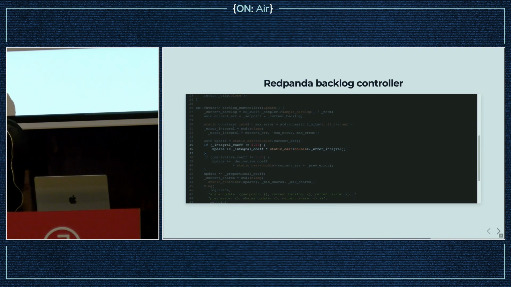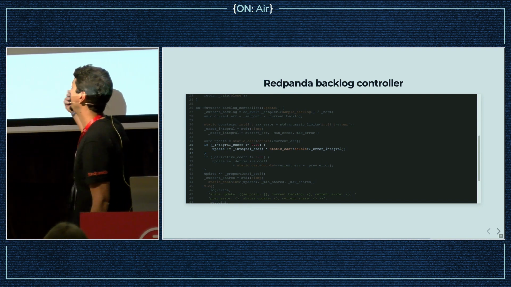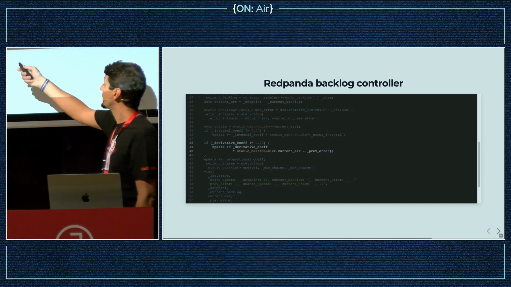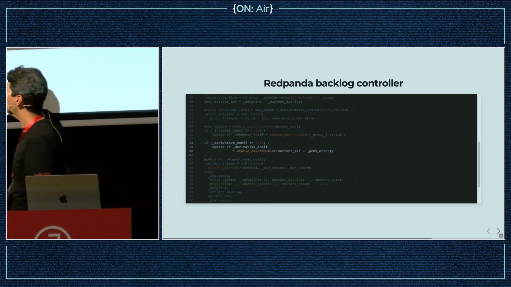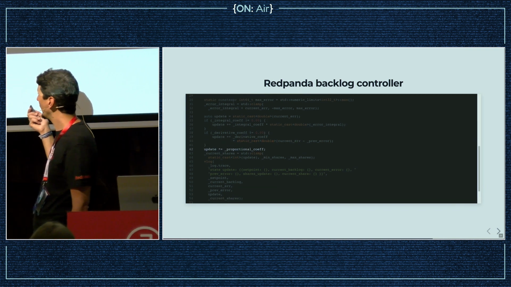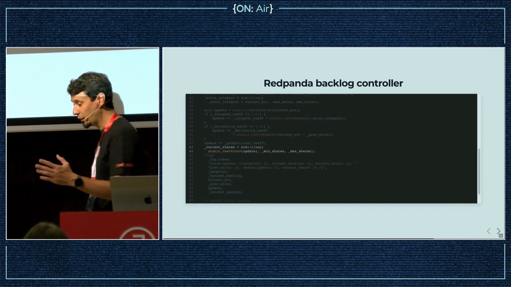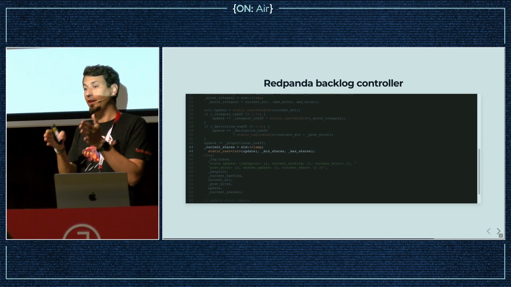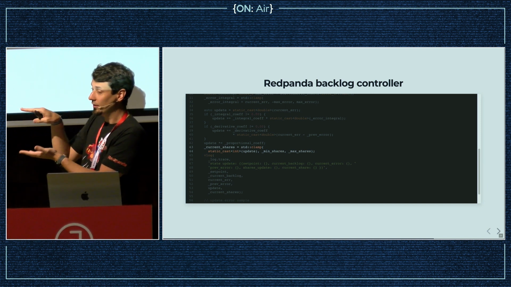And here we calculate the parts of a PID controller, so the integral coefficient times the integral, the derivative coefficient times the difference, then the proportional part. Then we clamp it, obviously, because we need to stay within certain boundaries of the shares.